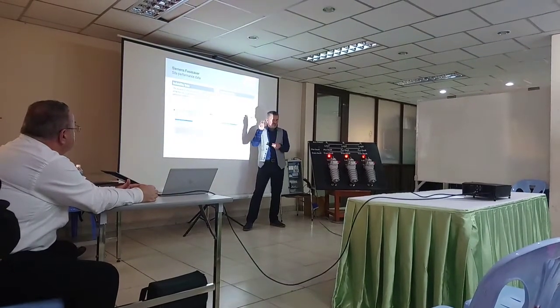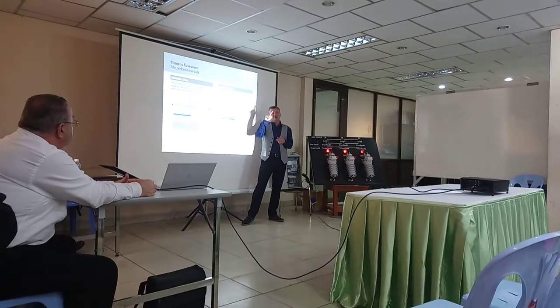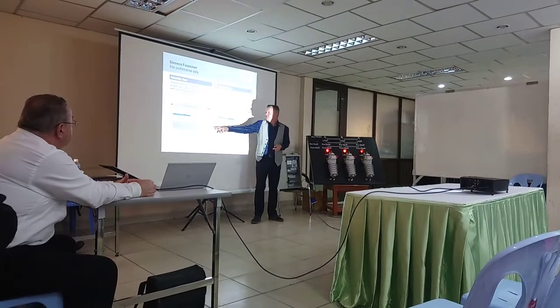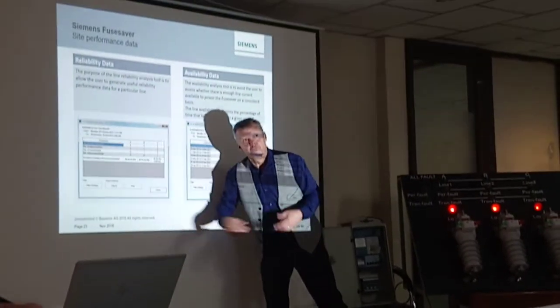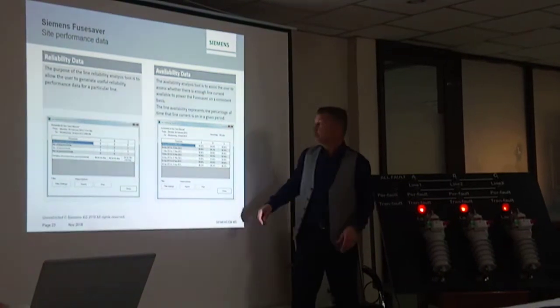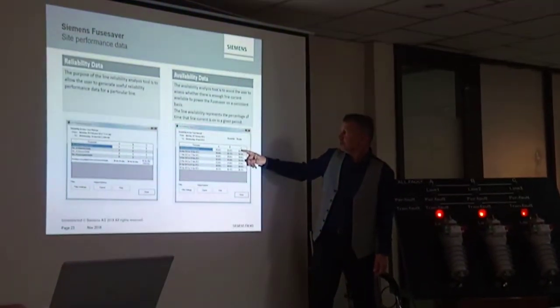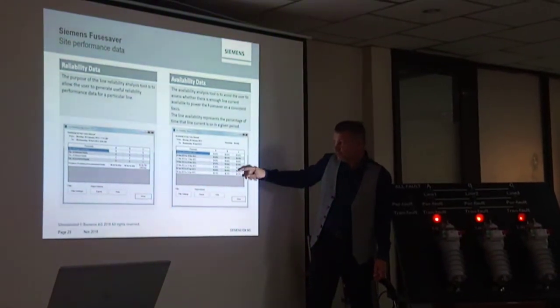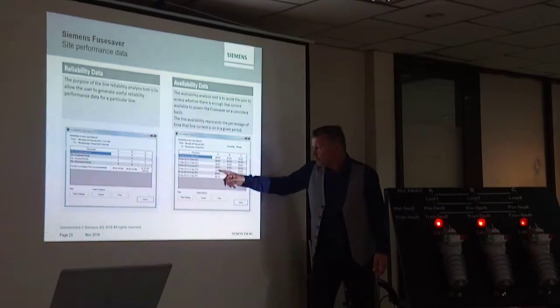So then we are coming to the SAIDI, system average interruption duration index. You can find that one. Of course, you can export it to make your own reports, or you can just put it in the folder. You can see the availability of your network, derived from the outage time, as a percentage.